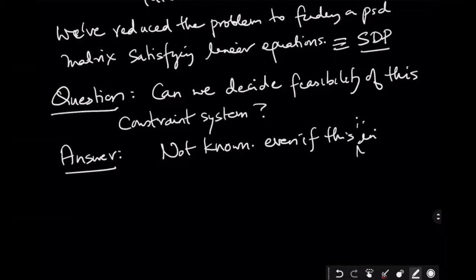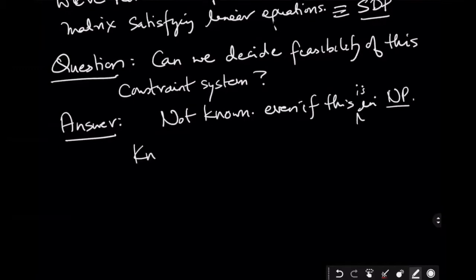The best upper bound that we know on this problem, in terms of computational complexity, is that this problem is in PSPACE. And that uses the so-called existential theory of the reals, which you can just think of as the problem of detecting if a bunch of real inequalities have a solution. But that's it. So it turns out we've reduced our problem to kind of a hard problem, right?